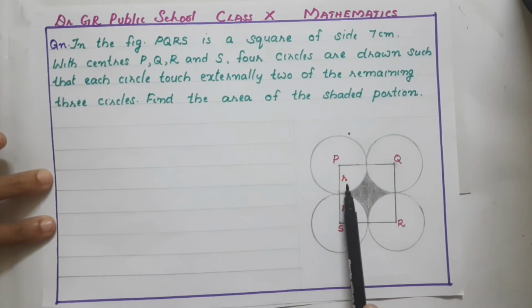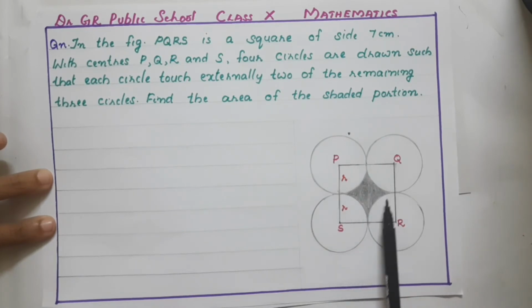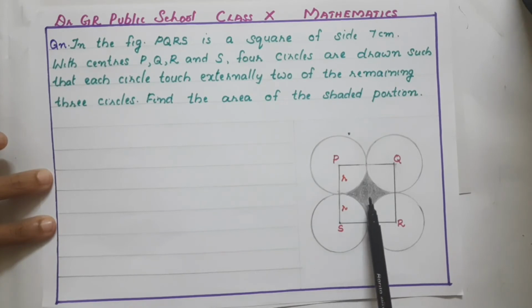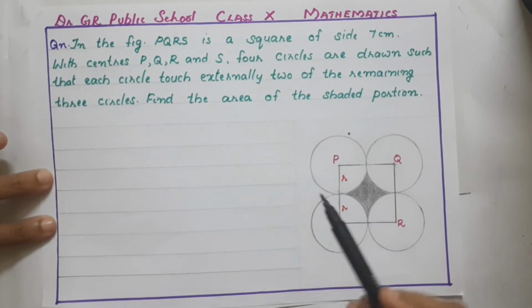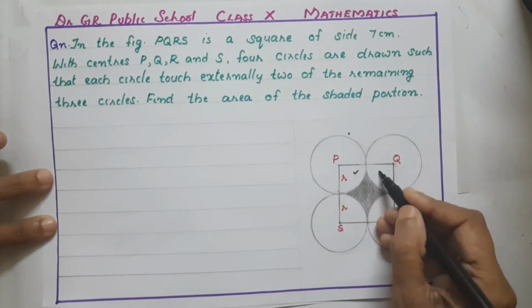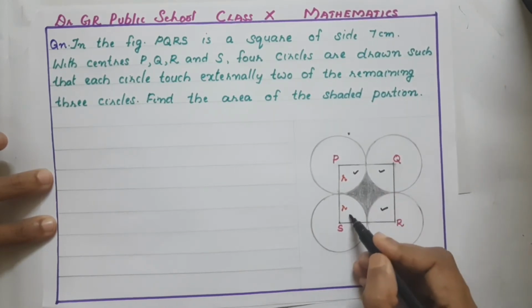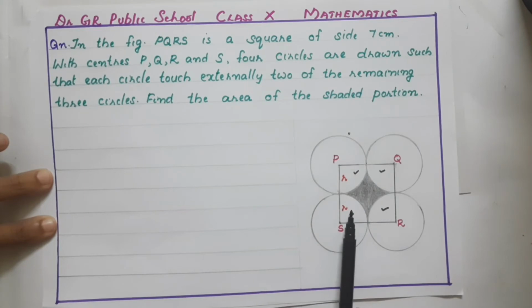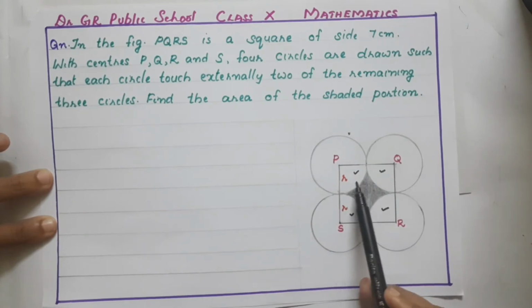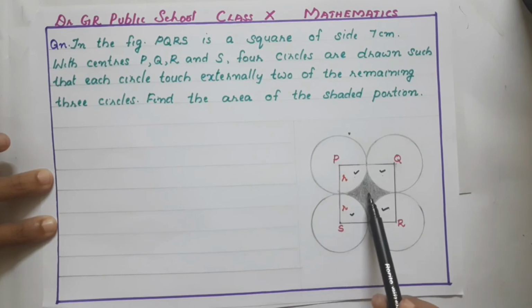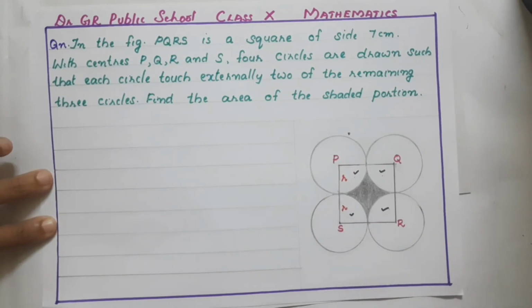So, from the total area of this square, what do we have to remove to get this shaded region? These 4 parts we have to remove. From the total area of this square, if we remove the area of these 4 portions, we will get the shaded region area.